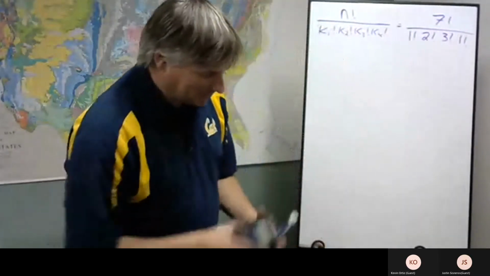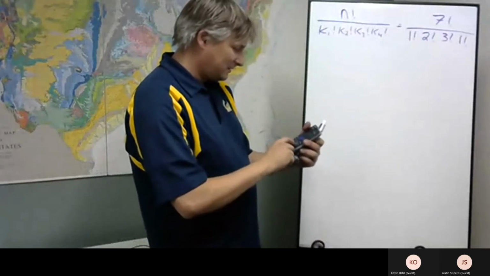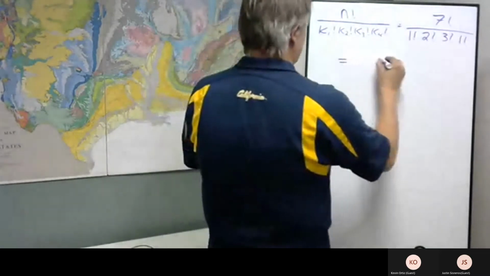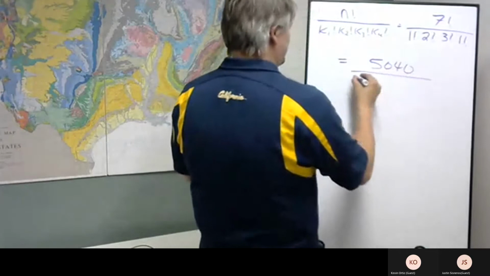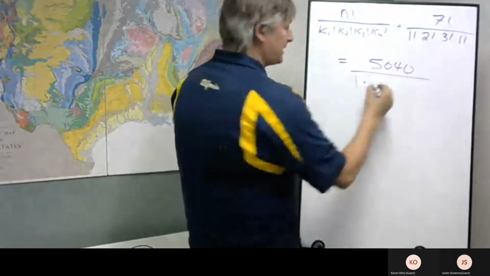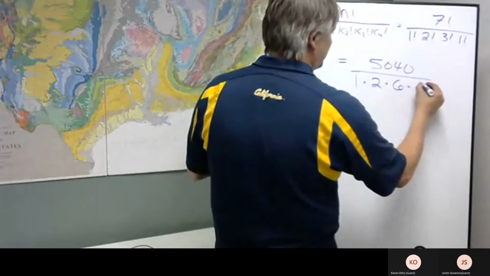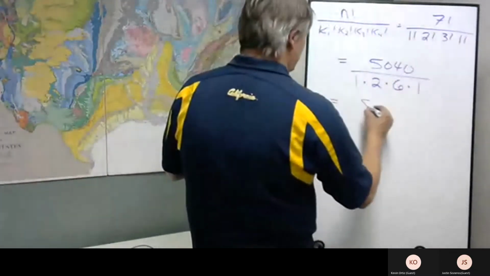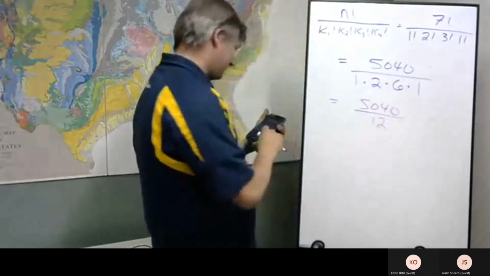So let's actually do this one. We'll hammer it out. So 7 factorial is 5040. 1 factorial is 1. 2 factorial is 2. 3 factorial is 6. 1 factorial is 1. So we'll get 5040 over 12.